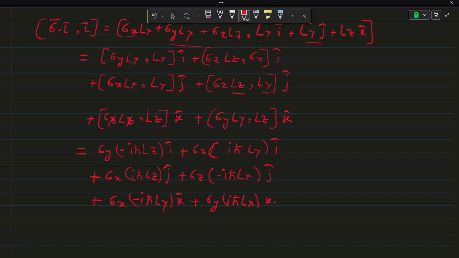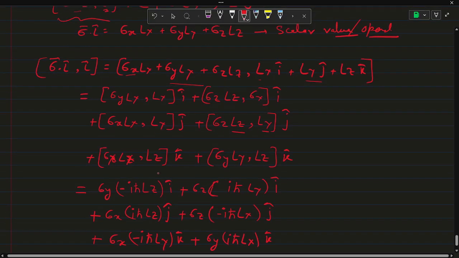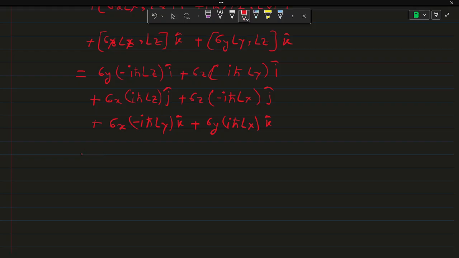Okay, very nice. So now take the i component, j component, and k component cumulatively. Here we take i h cut common.